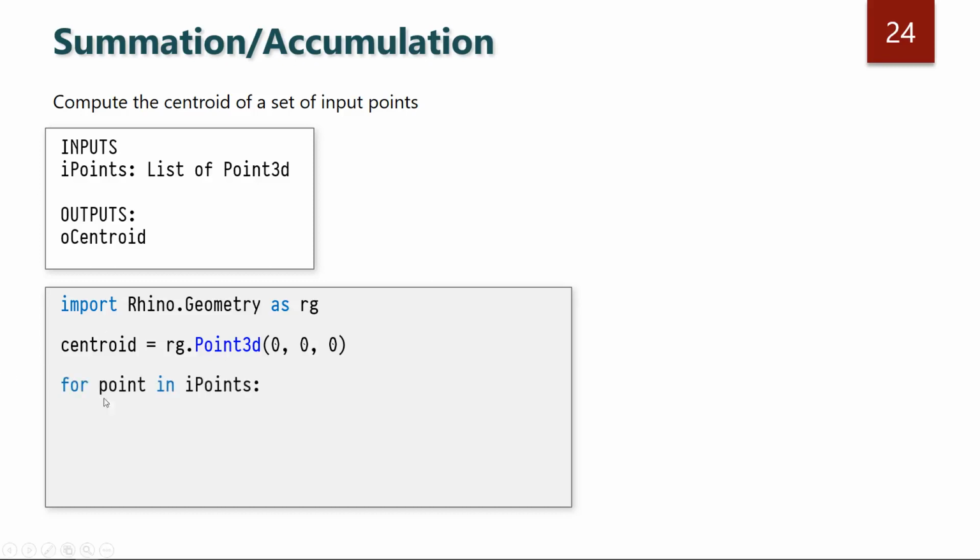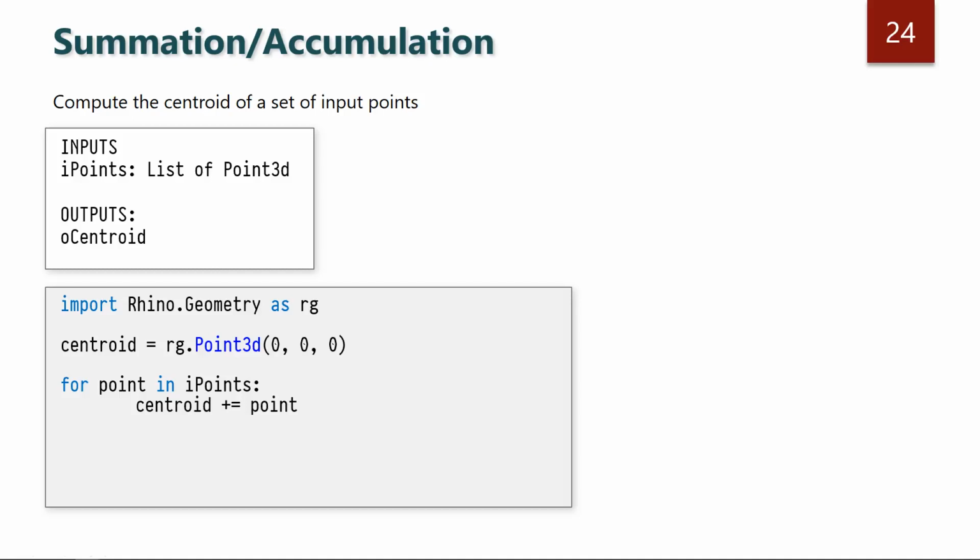Then we're gonna have the for loop that visits each point in the input list. So for each point in the input list of points, we take that point and we add it to the centroid. Add equal to, as I explained previously, is just equal to adding it to itself.